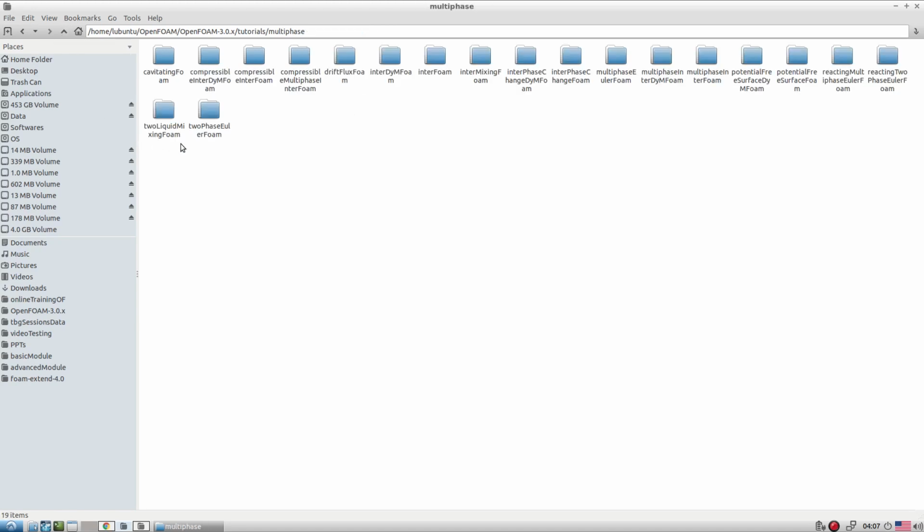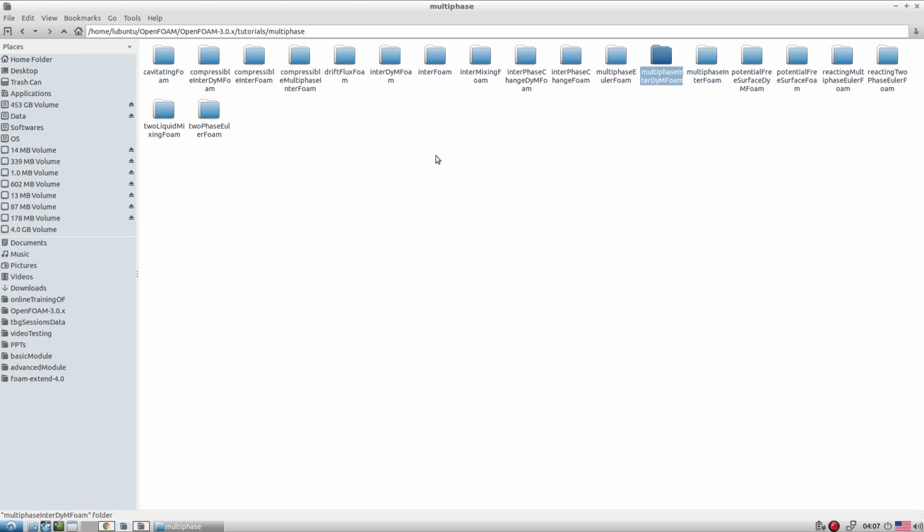Then two liquid mixing foam is also available, and reacting foam. Then multiphaseInterFoam and multiphaseEulerFoam are available. In multiphaseEulerFoam we have two phase, and more than two phase, but Eulerian approach. Then multiphaseInterFoam where we have multi-phase with interphase VOF tracking, and multiphaseInterFoam with dynamic mesh motion. Both these things you can explore.